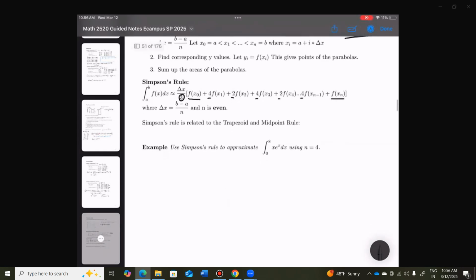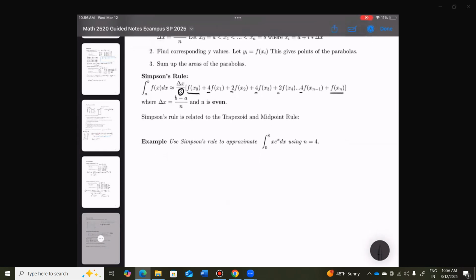So if we want to find the integral from 0 to 8 of x e to the x, which is an integral we have already done, but we're going to use Simpson's rule instead, and we're going to let n equal 4. So first, delta x is 8 minus 0 over 4, which is going to be 2.